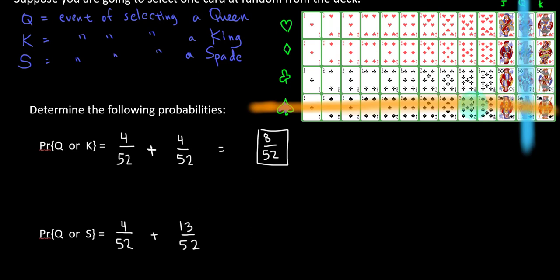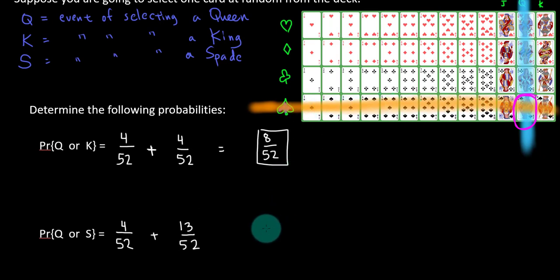because we've got the ace through 10, jack, queen, king makes 13. Now that's not it, because notice that in our image over here, we have actually double counted a card, right? This card that I'm circling in pink is the Queen of Spades, and we counted this card among the 4 queens, and we counted this card among the 13 spades.